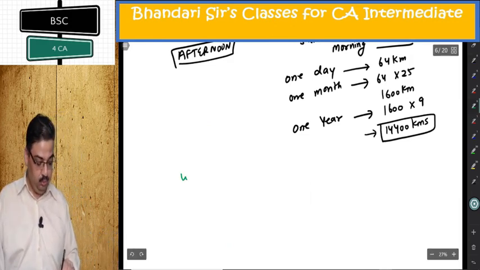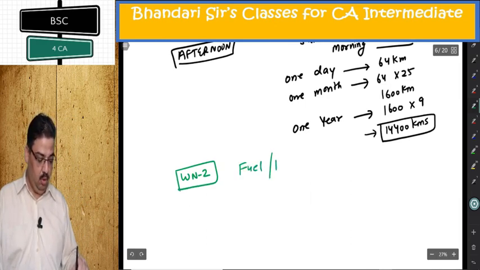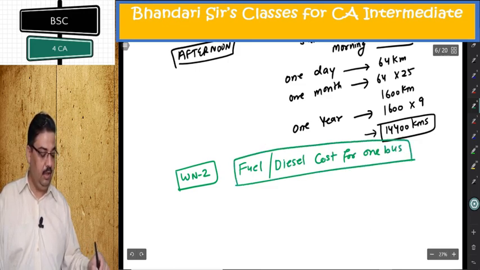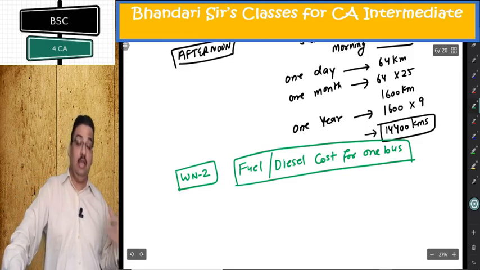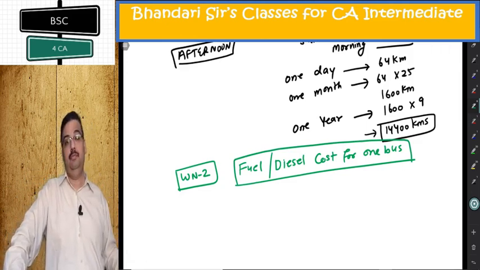Working note 2: I should get fuel, or to be very specific here, diesel cost for one bus. In the cost sheet, I am going to compute everything for one bus. Another column is required for the fleet of 5 buses, so keep on multiplying by 5.